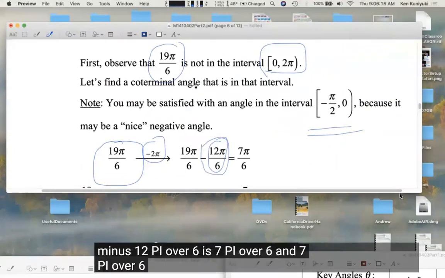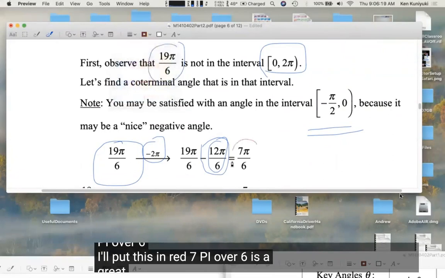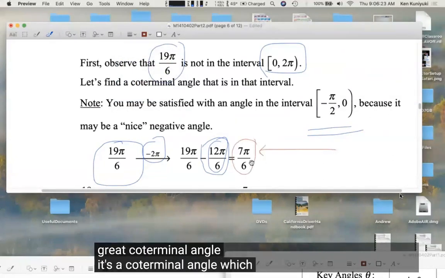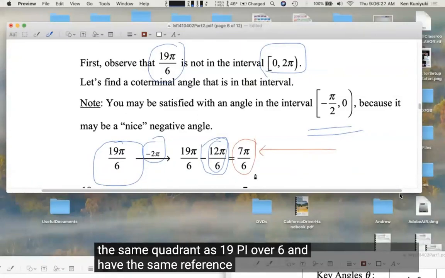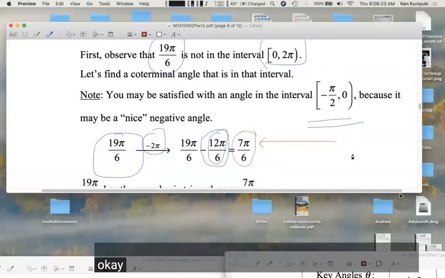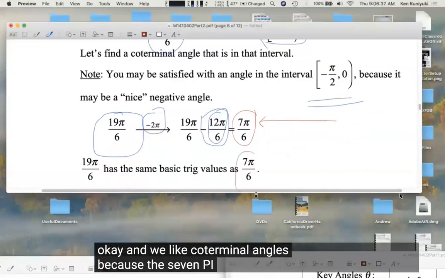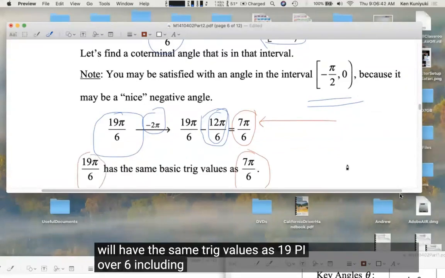And 7 pi over 6, I'll put this in red, is a great coterminal angle. It's a coterminal angle which will be in the same quadrant as 19 pi over 6 and have the same reference angle. And it's going to be between 0 and 2 pi. We like coterminal angles because 7 pi over 6 will have the same trig values as 19 pi over 6, including the signs, positive and negative.